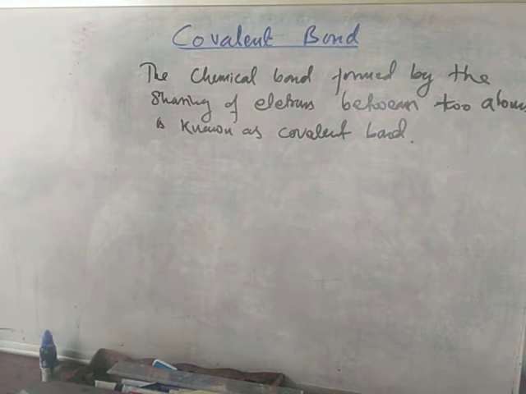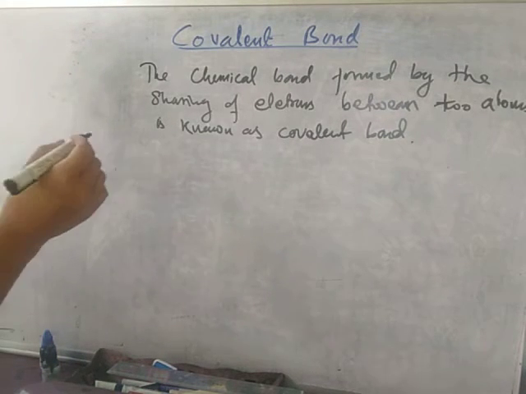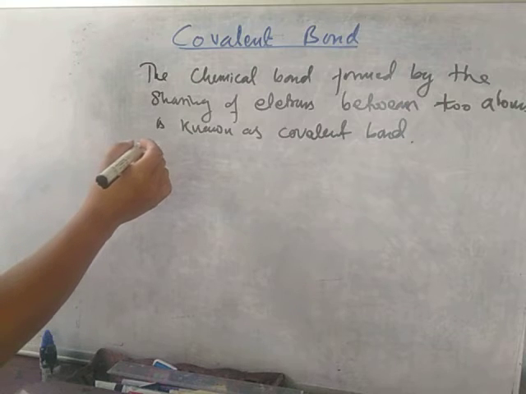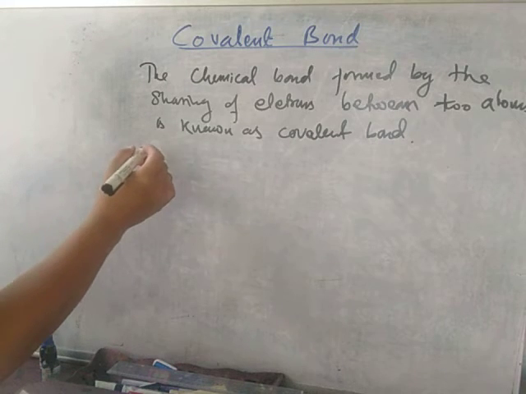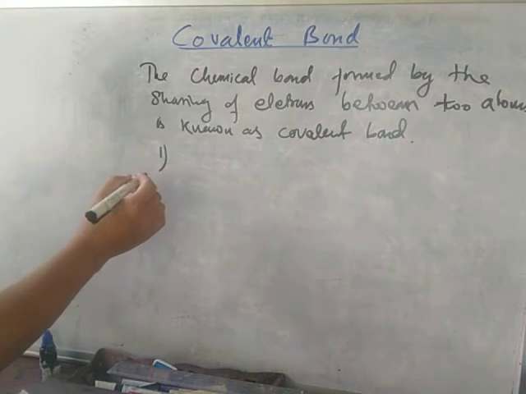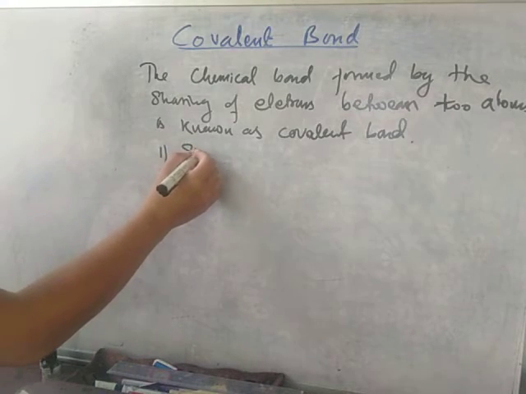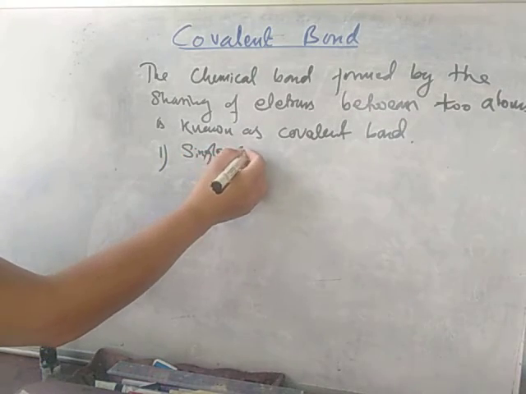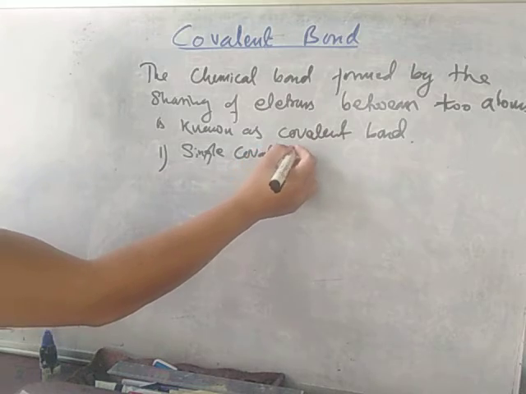Okay, so next, there are three types of covalent bonds. So write down, covalent bonds are three types. First type is your single covalent bond.